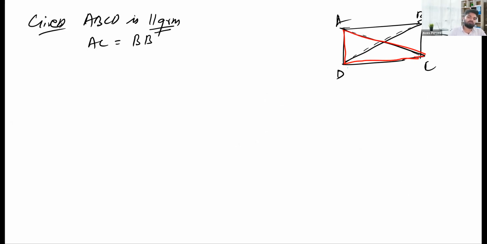And the blue one. So what you are going to take here is triangle ADC and, if we have taken ADC, then what will the name of the other triangle be?